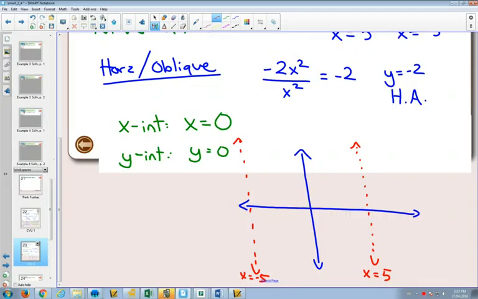And we have an asymptote at y equals negative 2. And we found out that the only x-intercept is at 0. Okay?